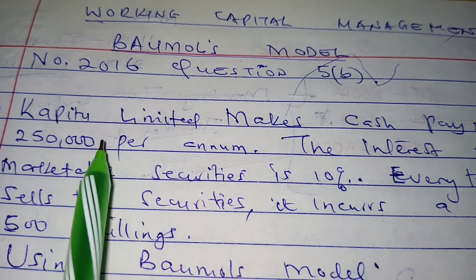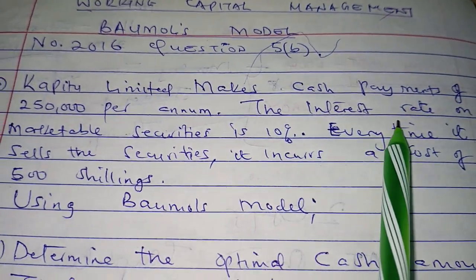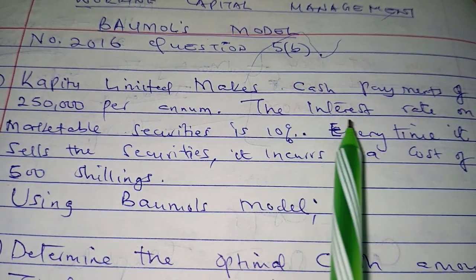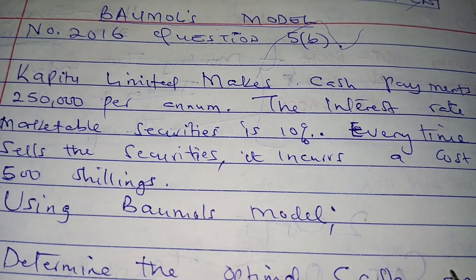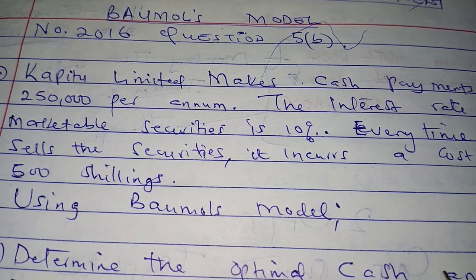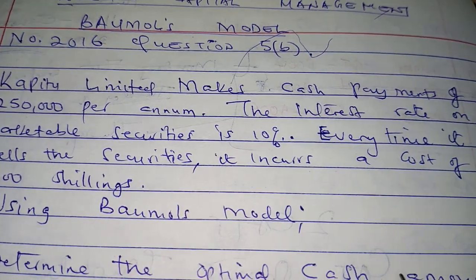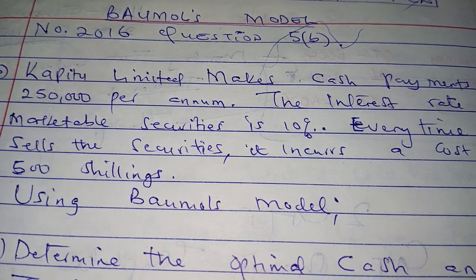The question says, Capital Limited makes cash payments of 250,000 per annum. The interest rate on the marketable securities is 10%, and every time the company sells securities, it incurs a cost of 500 shillings.